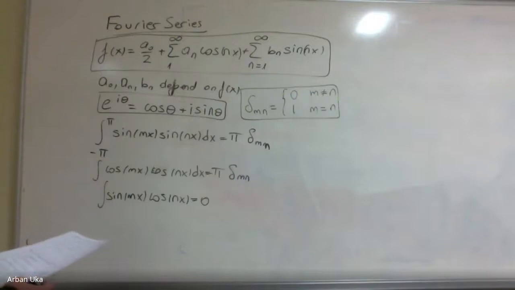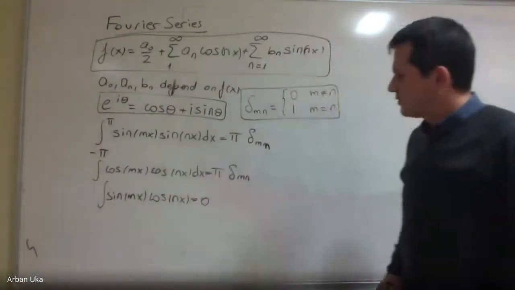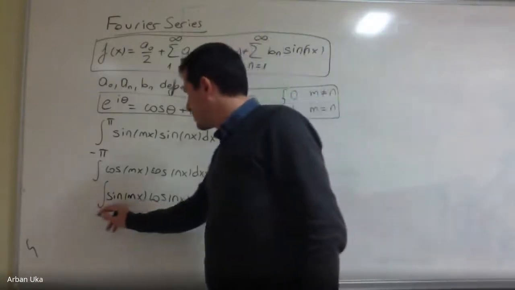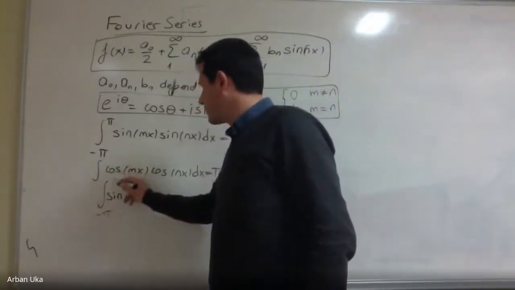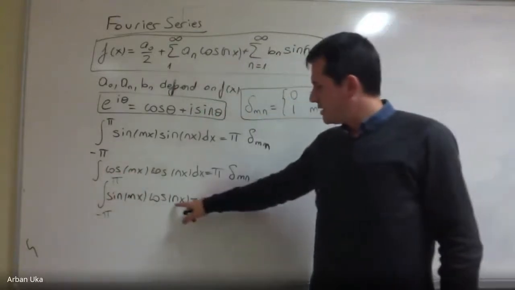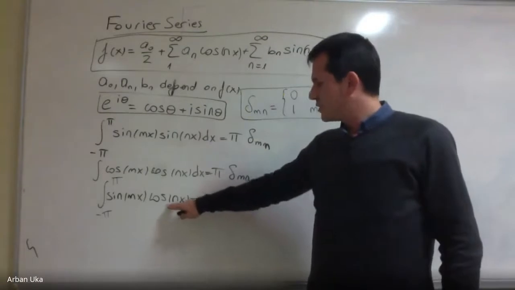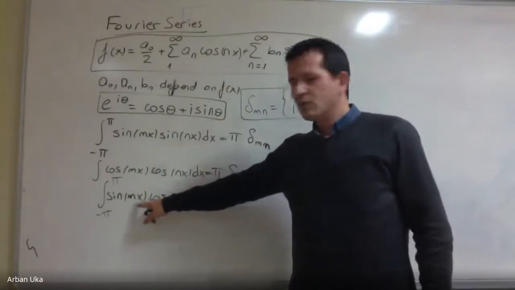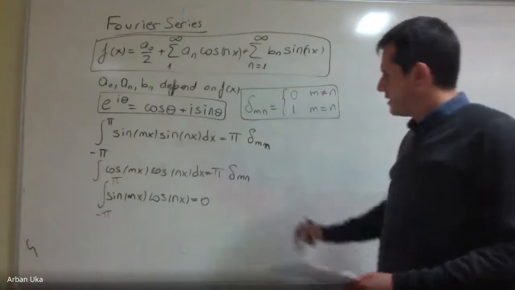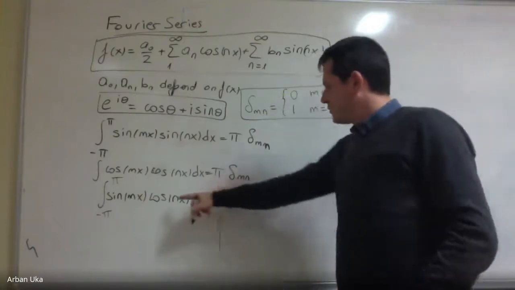Now, this is one way to put it, but imagine for a moment if n is equal to 0, where this integral is always over a full period, from minus pi to pi. So imagine for a moment if n is equal to 0, you get cosine 0 is 1, and we may wonder what is the integral of sine mx.